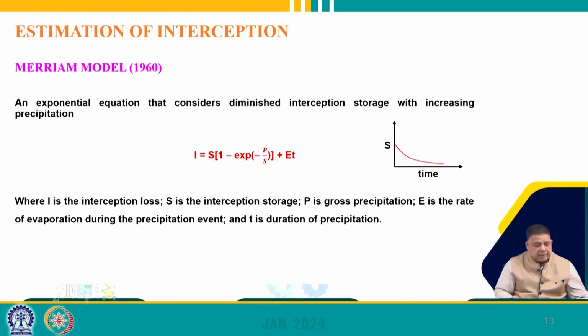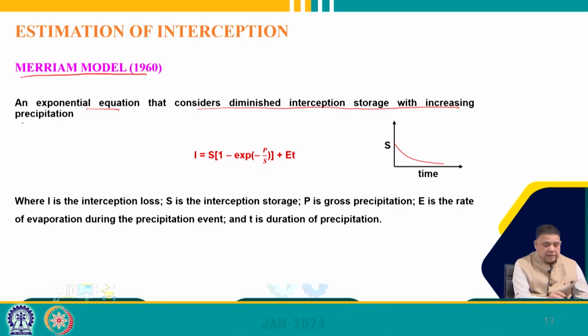Then we have another model, the Merriam model of 1960, an exponential equation that considers diminishing interception storage with increasing precipitation. Here the interception decreases exponentially.